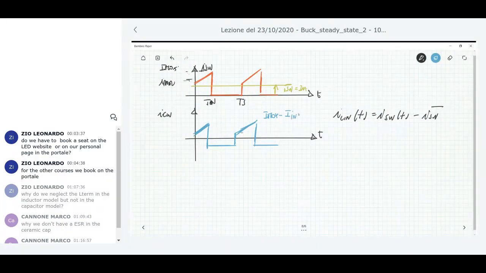The minimum value is I minimum minus I in, and we have a negative value of minus I in. This current has no DC value, so this area here should be the same as this area here. This is the input capacitor current.